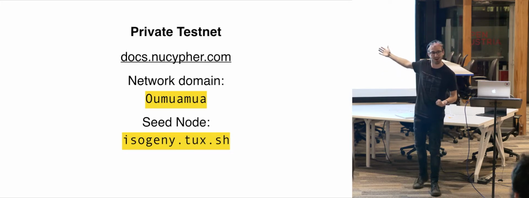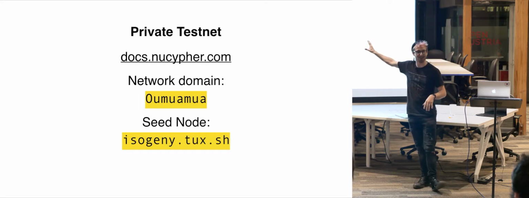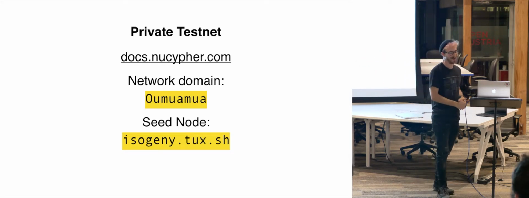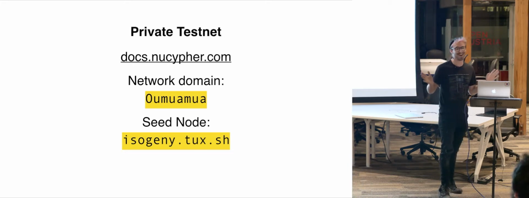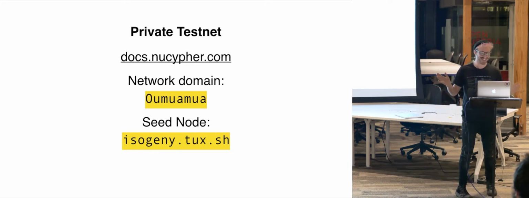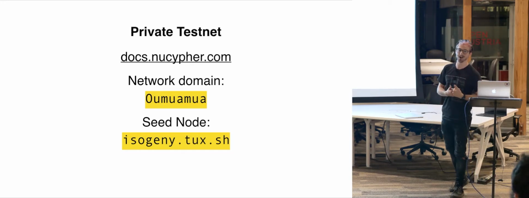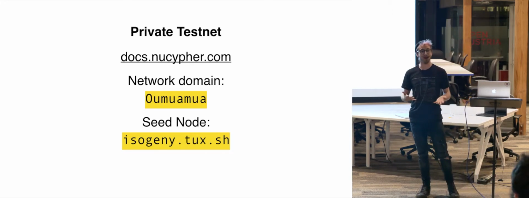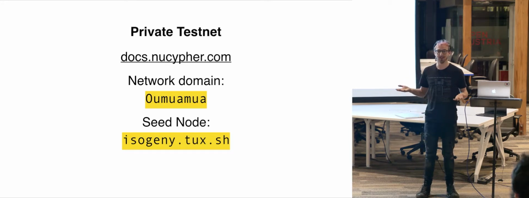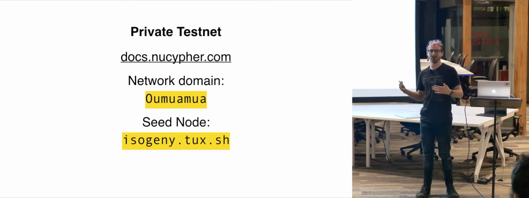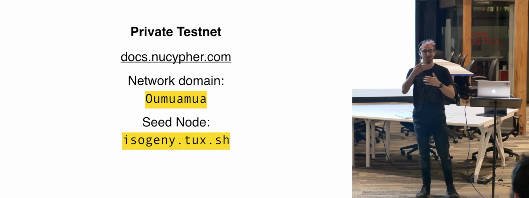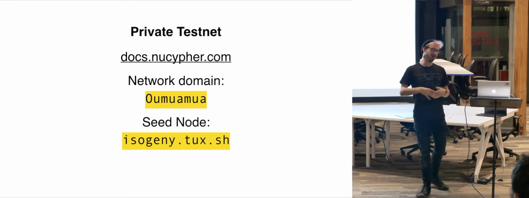We call this Oumuamua, after the space object that was recently identified. Don't ask me how we decided on it. It's just a good name. We also have a seed node. The way our networking works is you have to know a node in the network that knows all the other nodes, or some of them, and then you can go to those nodes and find out about more nodes.